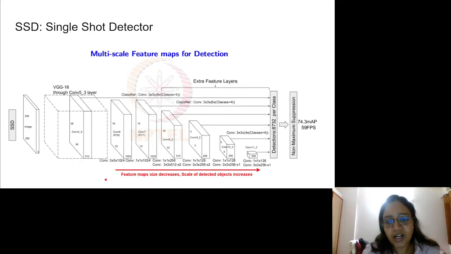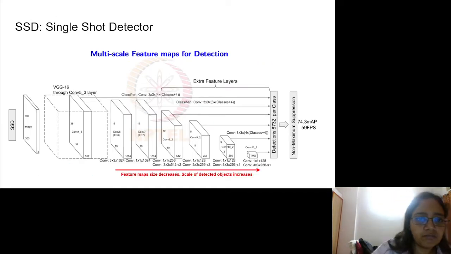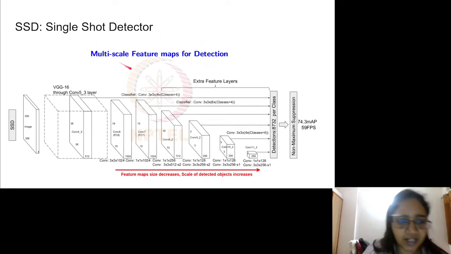Similarly, there is another single shot detector which is very popular. This is called SSD. The functionality is similar to YOLO, but it happens in a slightly different way. As it says here, you have multi-scale feature maps for detection.